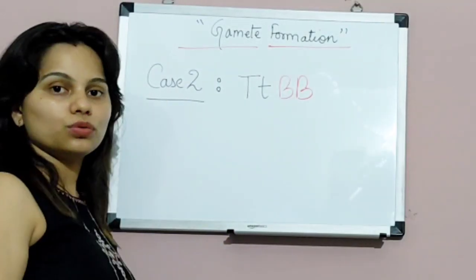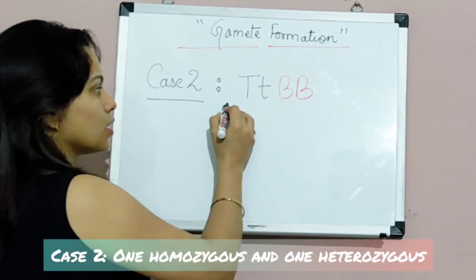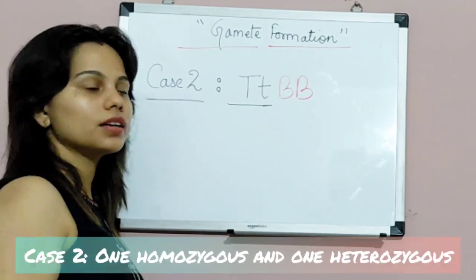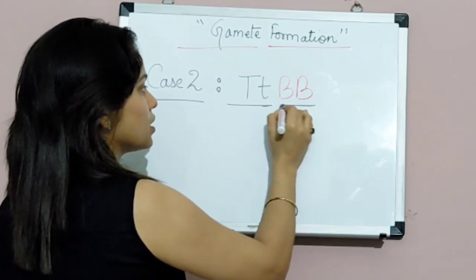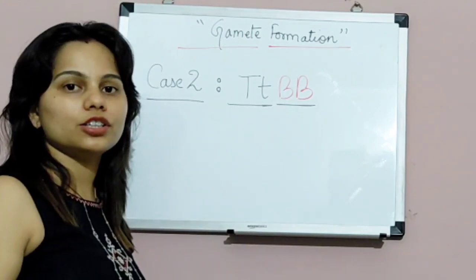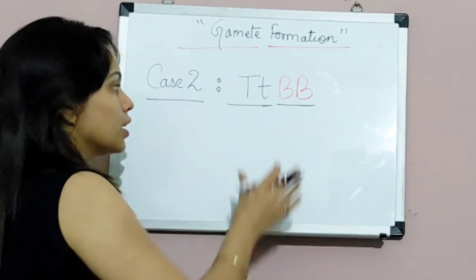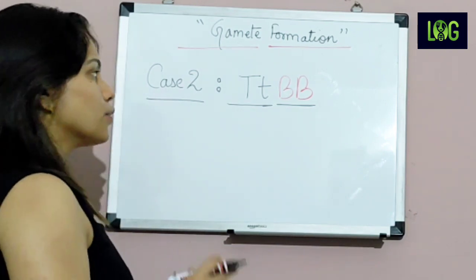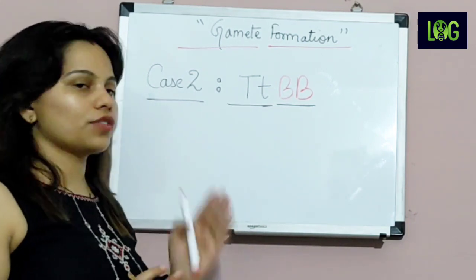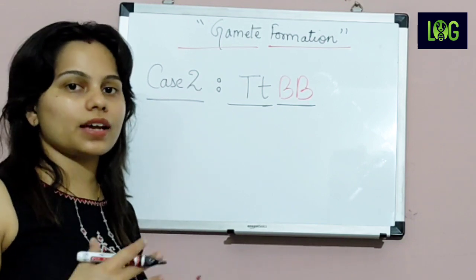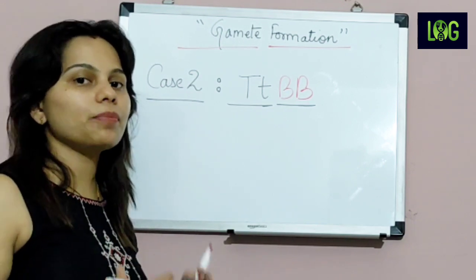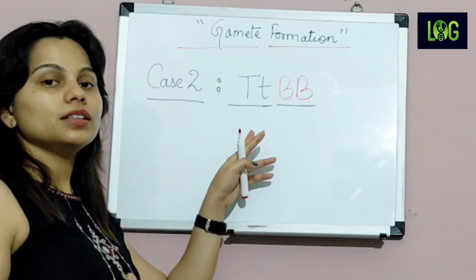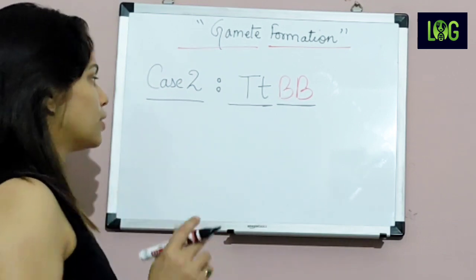Considering case number 2. In this case, one trait is in heterozygous condition, whereas the other is again in homozygous condition. Now, in this case, I will tell you another concept. Whenever there is some heterozygous condition present in the parental genotype, you have to go through one formula.